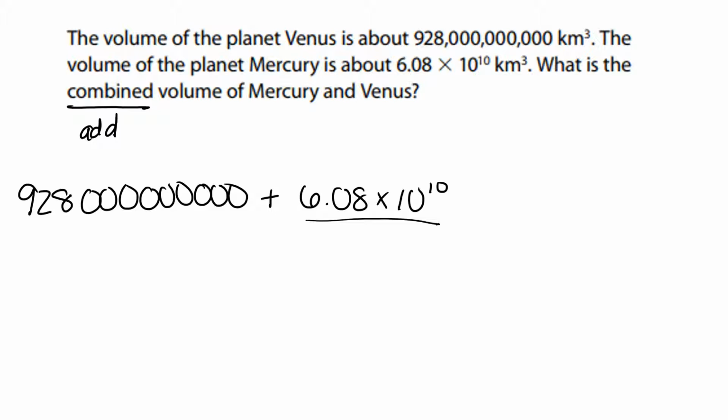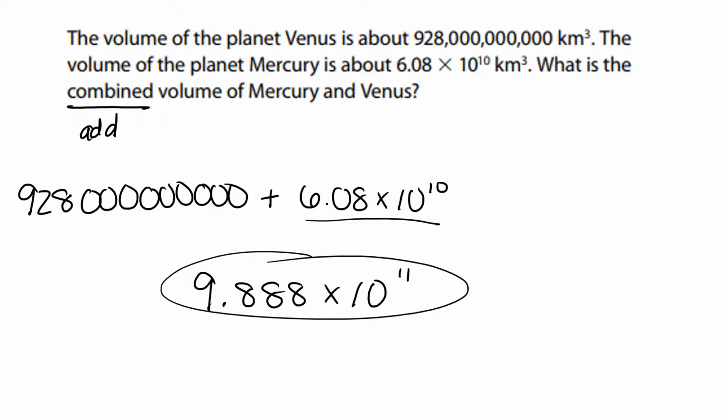And in this instance, the calculator does give us the answer, 9.888 times 10 to the 11th power. Sometimes the calculator will give you the answer in scientific notation if the number is too large to fit on the calculator screen. This is that instance.